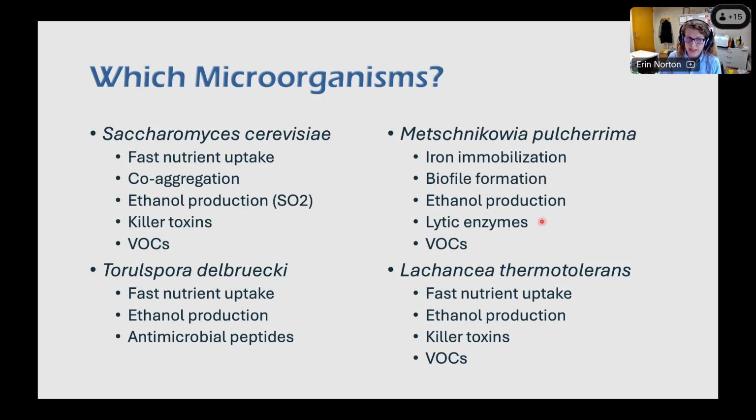Ethanol production, lytic enzymes, meaning it secretes enzymes, and those enzymes make the cell walls of other yeasts very leaky. And if things are leaking out, cells don't last very long. And VOCs, volatile organic compounds. And then Lachancea thermotolerans. It's got fast nutrient uptake, ethanol production, killer toxins, and volatile organic compounds.